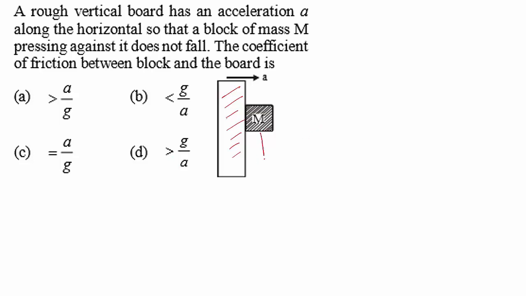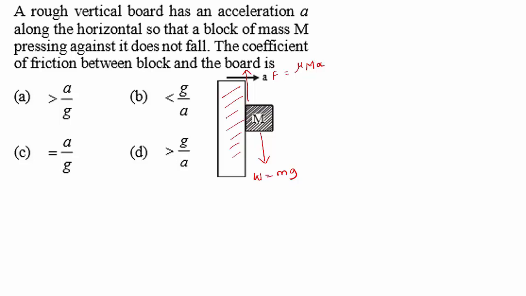The weight of this block is acting vertically downward, so we can write W equal to mg, and there is a friction between the block and this vertical board. The vertical friction between them I am going to write as F, and here it is friction, so we can write mu m into A, that is the coefficient of friction and the frictional force.